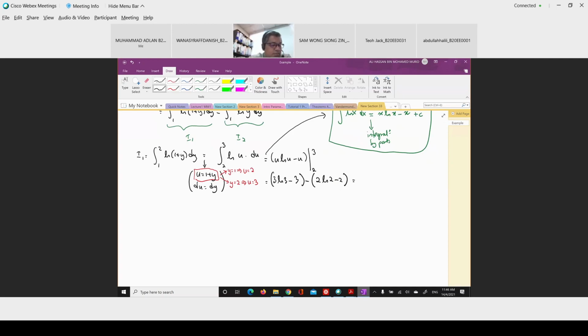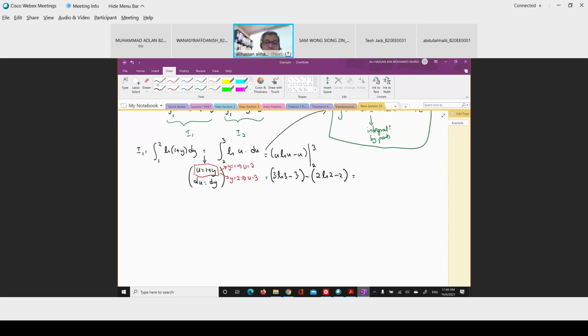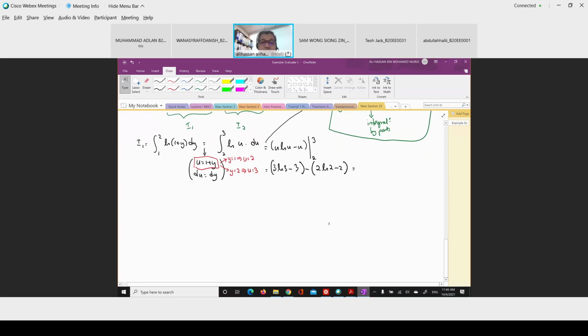Okay, let's simplify this. 3 ln 3 is the same as ln 27 using the laws of logarithm. 2 ln 2 is the same as ln 4. We have minus 3 plus 2, which is minus 1, right?